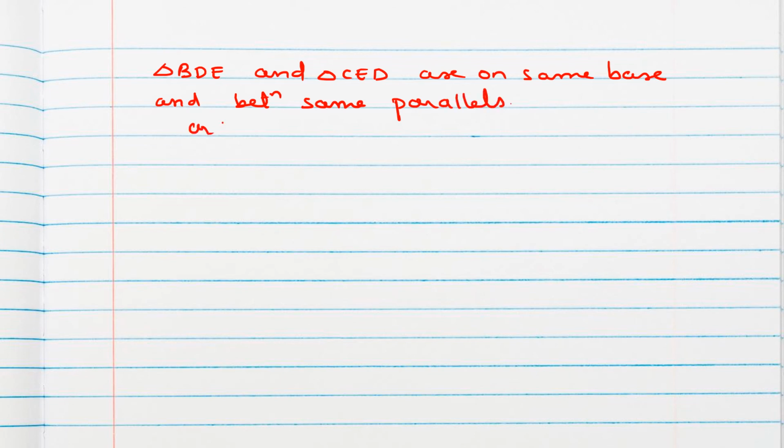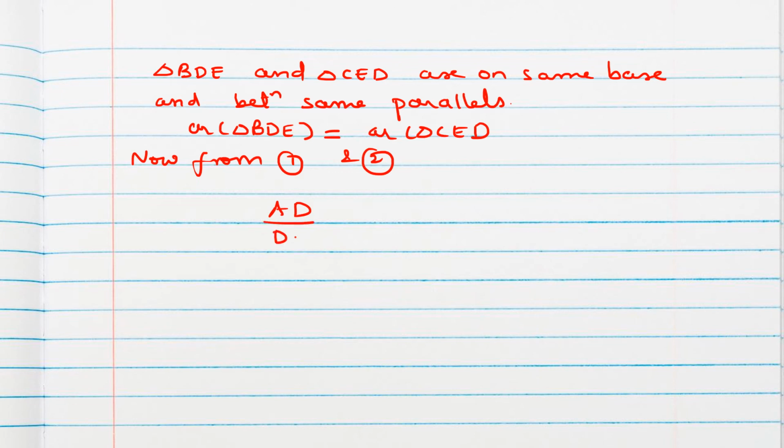So the area of triangle BDE will be equal to the area of triangle CED. So now from 1 and 2 we can write AD by DB is equal to AE by EC. So this is a very important theorem, the basic proportionality theorem or BPT.